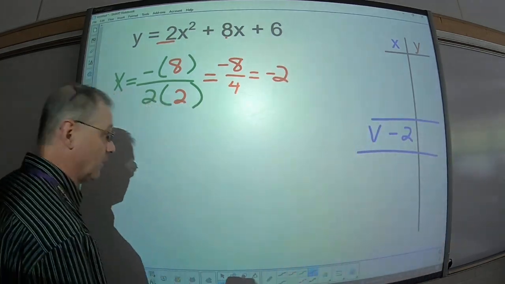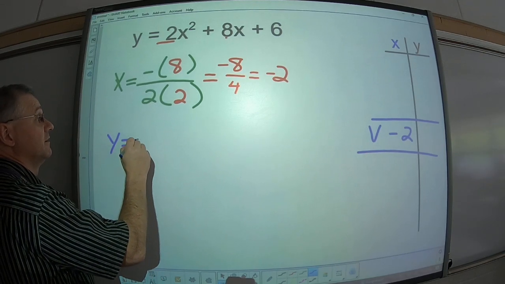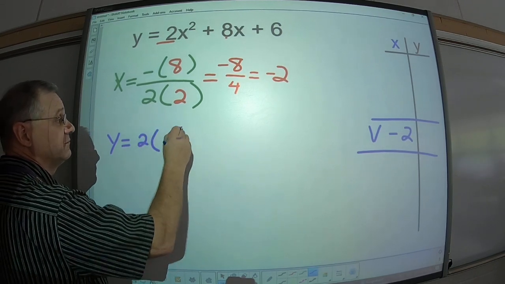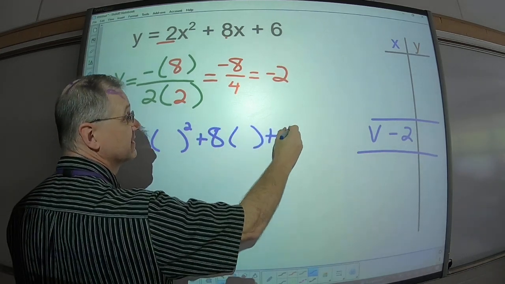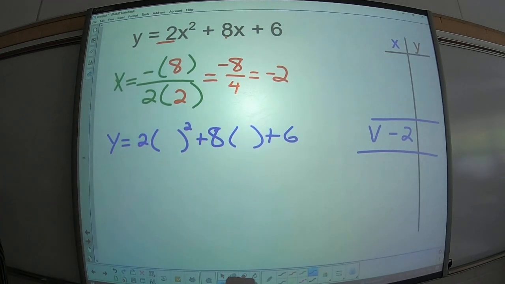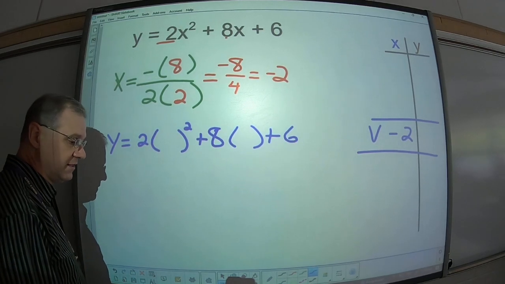We're trying to find the y value, so we'll plug that in. 2 times ( ) squared plus 8 times ( ) plus 6. Notice I put parentheses where the x's should be.